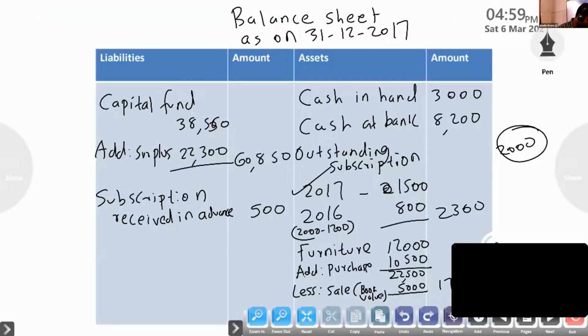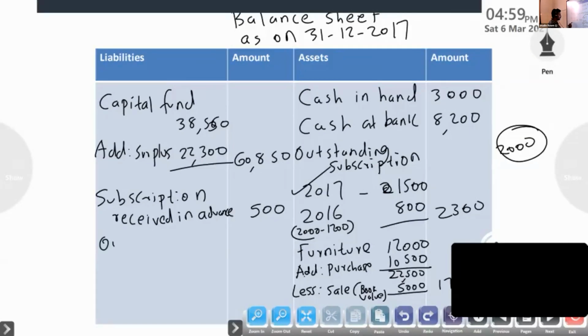Shubham, outstanding salary, where will it come? Asset or liability? Liability. Yes. Outstanding salary, liability, 600.